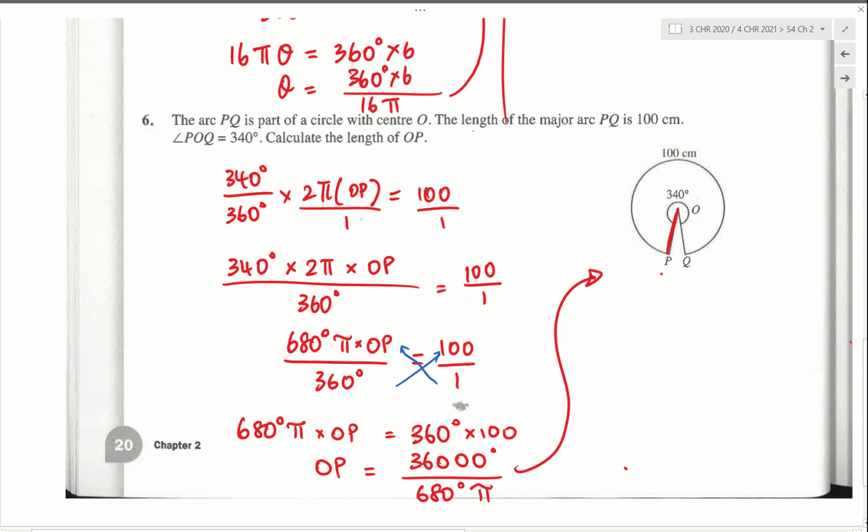And then you will have OP equals a value, round it off to 16.9 cm. Alright, you can copy this down first. Then I will show you a little bit more of a hint.